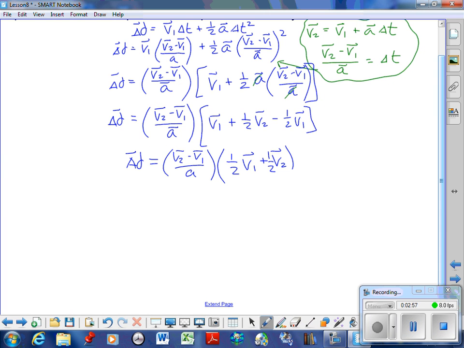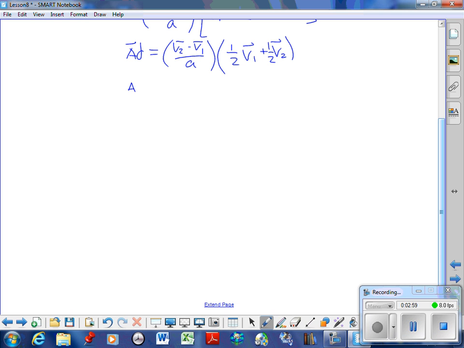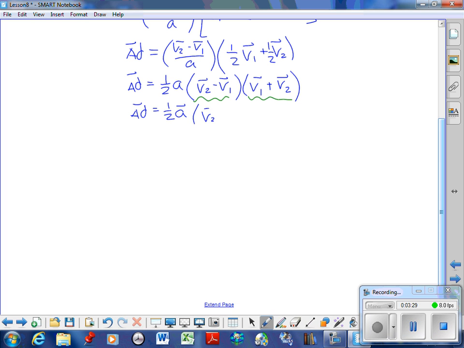With that simplification, I'm going to factor 1/2 out of that second bracket, so I'm going to have 1/2 A. I factor those out of those terms, and I'm left with V2 minus V1 and V1 plus V2. And for those that remember their grade 10 math, that's a difference of squares. So delta D will equal 1/2 A, and in brackets, I'm going to have V2 squared minus V1 squared.